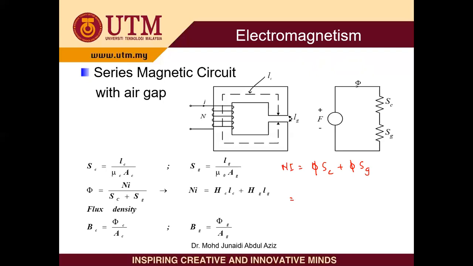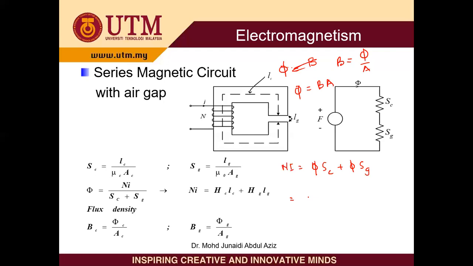We know that B is flux over A, so the flux is BA.